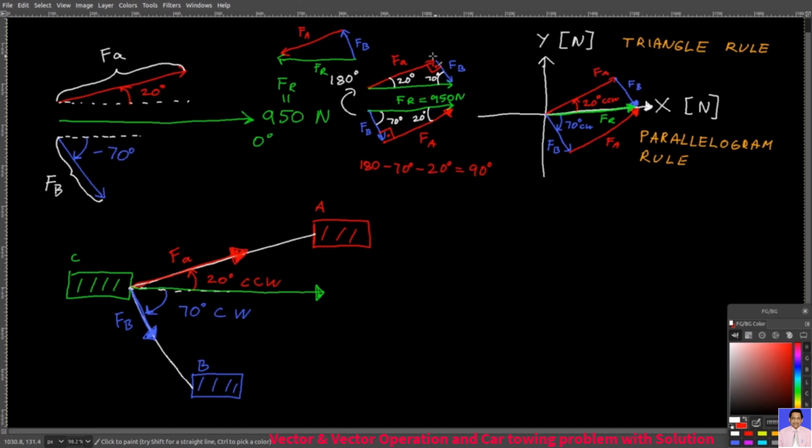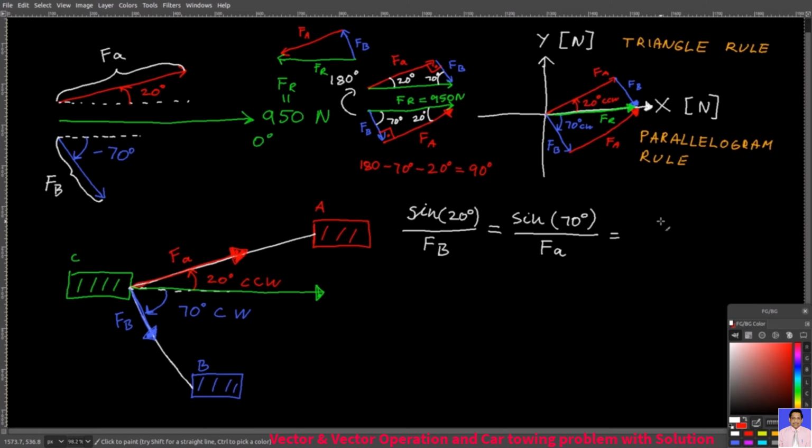So if we take our triangle now, where you know all the angles, 20 degrees, 70 degrees, and 90 degrees, and then you also know one of the sides, 950 newtons, well then using the sine rule, you can write sine 20 degrees, which is here, over FB, which is the side opposite to 20 degrees, then equals sine 70 degrees, which is here, and opposite to that you have FA, so it will be here.